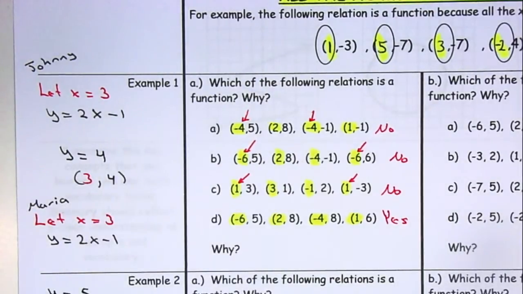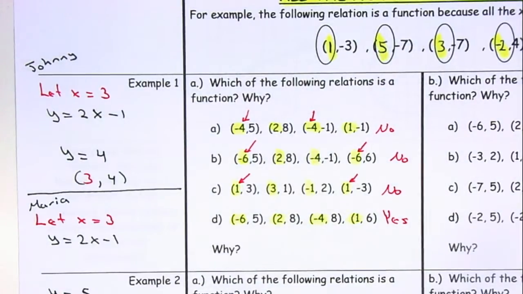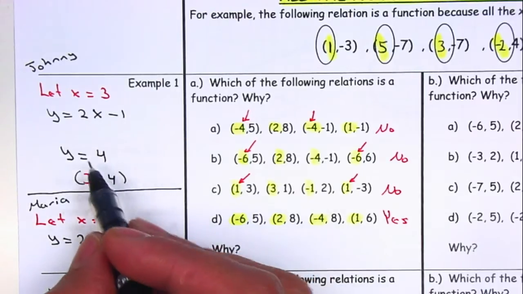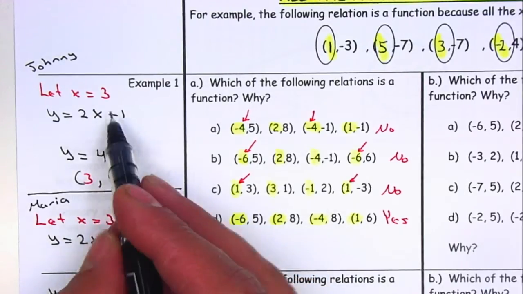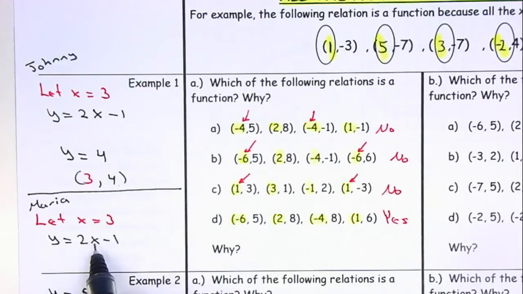Maria says no, if x is 3, y is 5. So can they both be correct? Can Johnny get the point 3, 4? If you plug in a 3, he comes out with a 4. And Maria, if she plugs in a 3, can she come up with a 5?